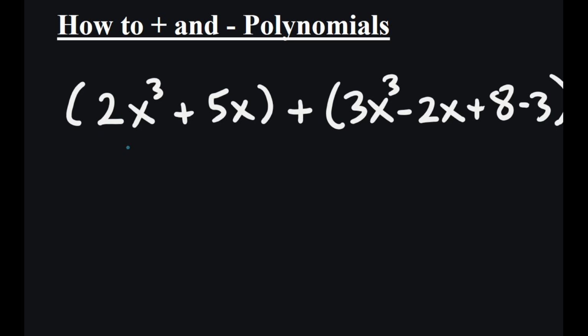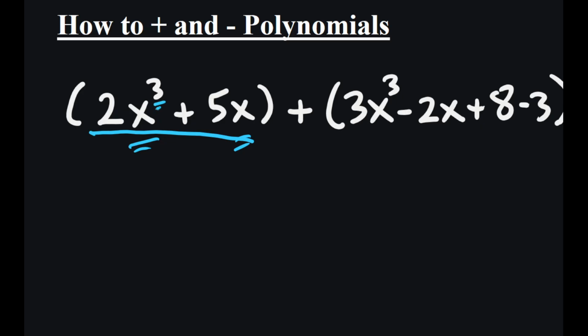Okay, so what can we do inside this first set of parentheses? Can we do any more operations? Are there any like terms? And the answer is no. We can't combine these two terms, 2x to the third and 5x, because they're not like terms. Although they have the same variable, they don't have the same exponent.